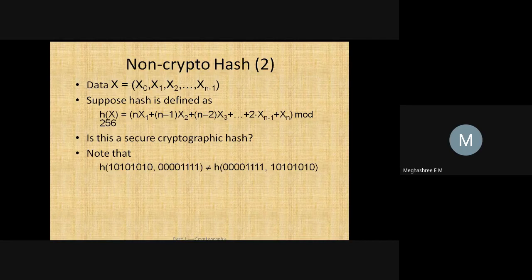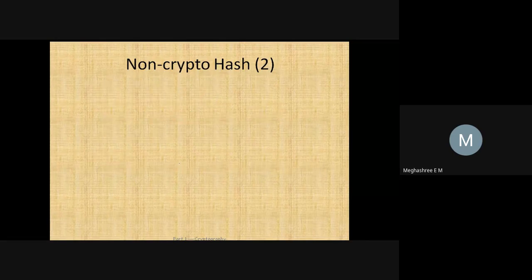Note that here I've considered the input as 10101010001111. On this data, I'm applying the hash. Now I'm swapping it. One second, I missed a point here.